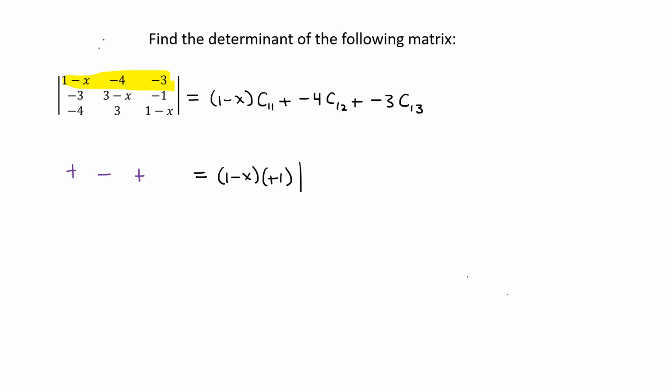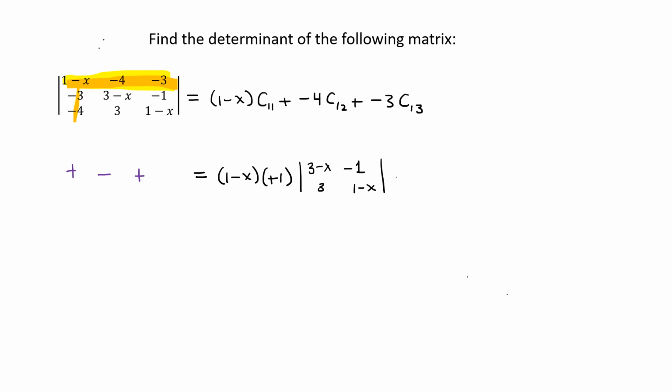And then we're going to calculate the determinant of the matrix when we throw out the row and column containing 1 minus x. This gives us the determinant of 3 minus x, negative 1, 3, and 1 minus x.